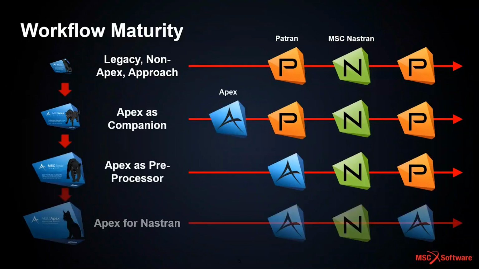Whereas now Iberian Lynx is what we call Apex-Nastran interoperability, also known as Apex for Nastran, where the complete workflow is supported, including the orphan mesh workflow and post-processing with HDF5 results. That's where we are today, and that's what you are going to see in essence in the next 45 minutes: the power of Iberian Lynx for the Apex-Nastran-Apex workflow.